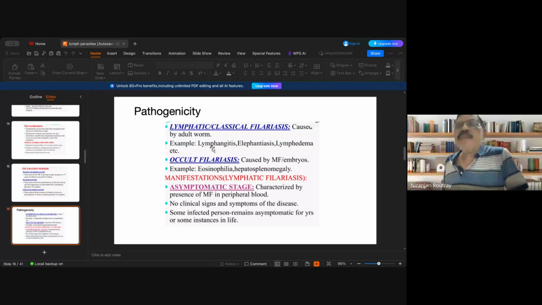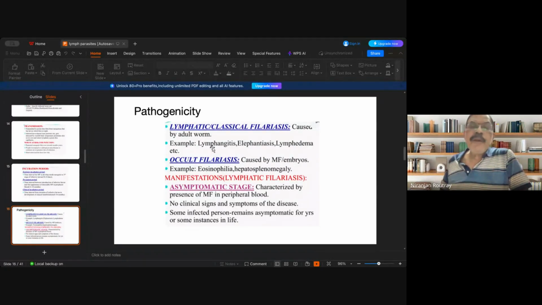Eosinophilia is a condition, not only of microfilaria or Wuchereria bancrofti, because a rise in eosinophil count in the blood, in the DC count, differential counting, implies that the person is suffering from some sort of infection.